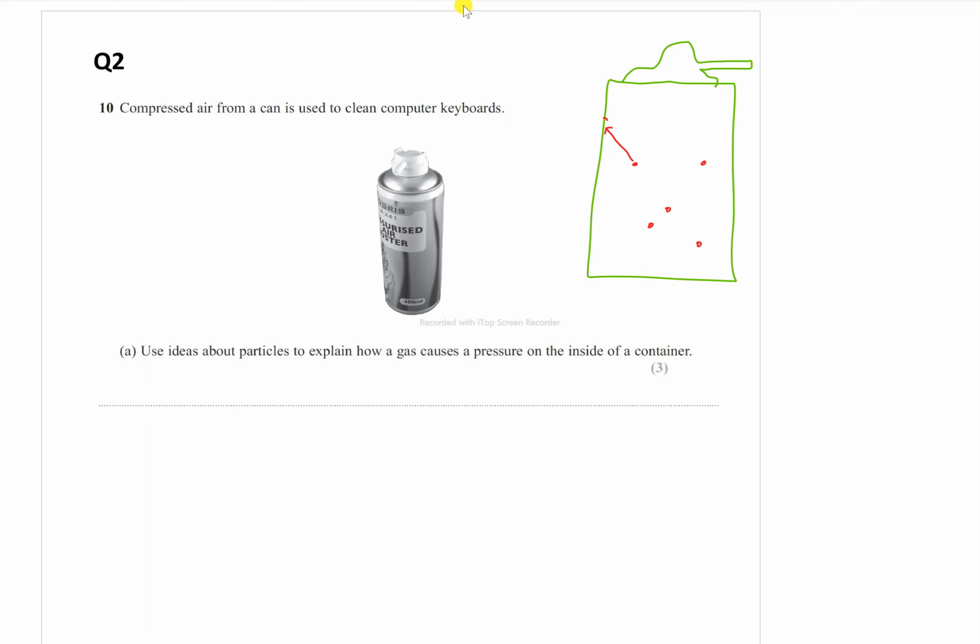It's going to hit the wall here with a force. So it's acting on the inside surface area. So it's force on an area. Now this does that, this does that. They're all randomly moving about, hitting. Every time it hits, it generates a pressure, and then it'll bounce off, hit that, and so on. So we've got to somehow put that into words.